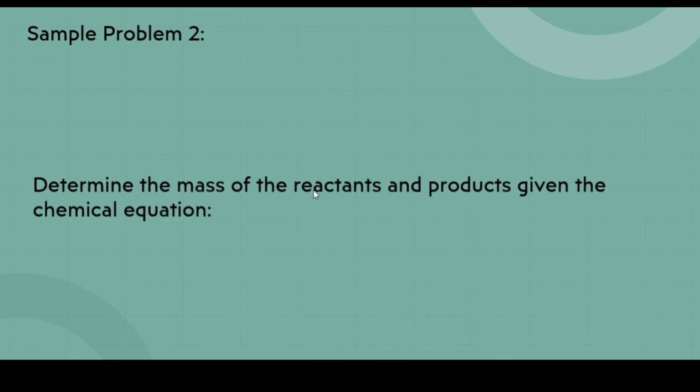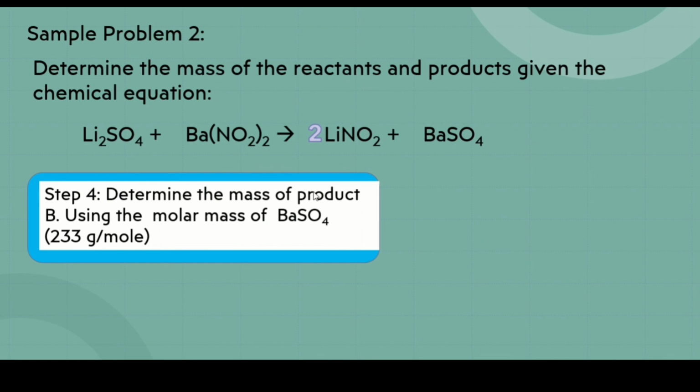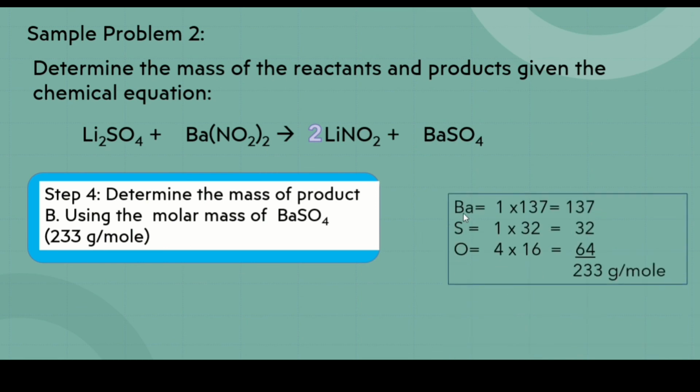Okay, so let's have the last part, step number 4. Determine the mass of product B. And our product B here is barium sulfate, and the molar mass of barium sulfate is 233 grams per mole. So barium, we only have 1 atom, sulfur, 1 atom also, and oxygen, 4 atoms. And then the atomic weight of barium is 137, sulfur 32, oxygen 16. So 1 times 137 is 137, 1 times 32, 32, and 4 times 16, 64.